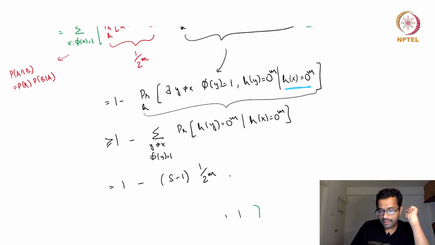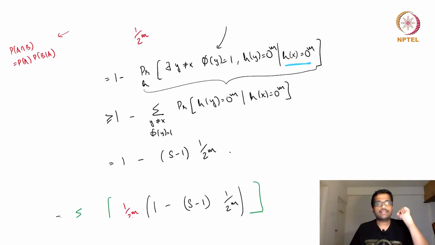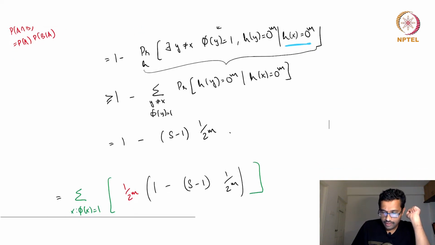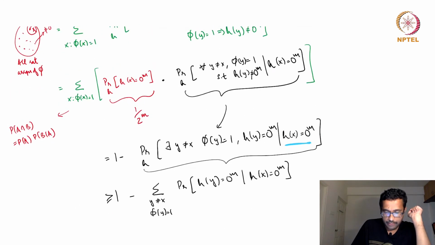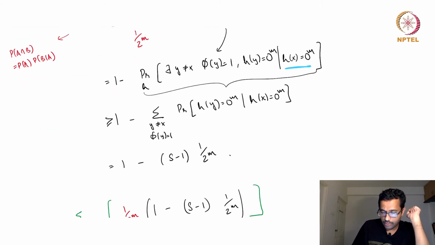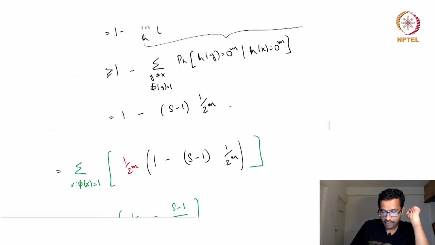Once we keep x aside, we have s minus 1 satisfying assignments y that are not equal to x. So this is simply 1 minus (s minus 1) times 1 by 2 power m. The red part was simply 1 divided by 2 power m, and the black part is 1 minus (s minus 1) times 1 by 2 power m.